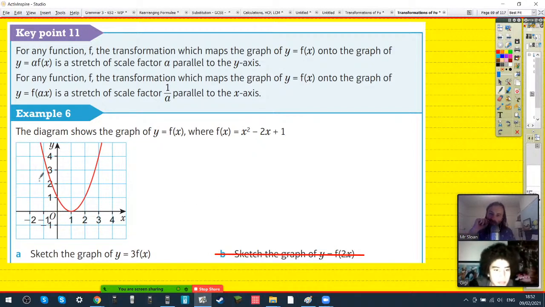And so, how would you do it with the graph? 1, 1 will become 1, 3. Hang on. 1, 1 is here. This is 1, 0. 1, 0 will become 3, 0. That would be if you're thinking of in the bracket next to the x. This is y direction.